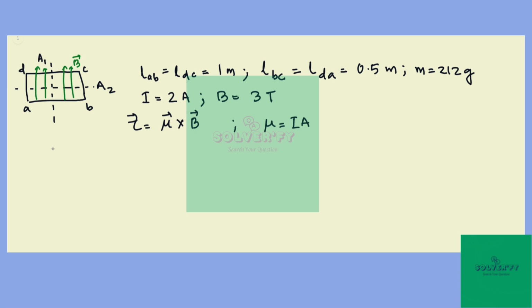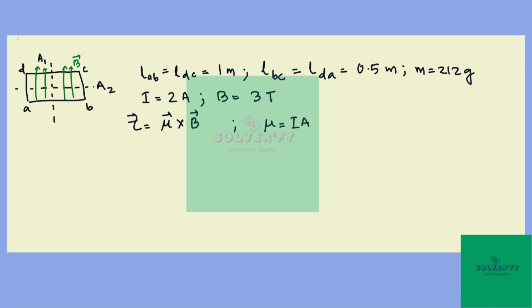Whichever the case, there will be no torque about A1 because the cross product will just be zero, but there will be a torque about A2, because the torque is only along the top and bottom sides of the coil.